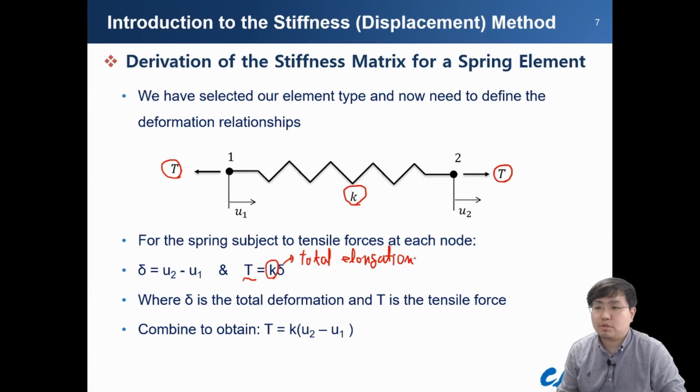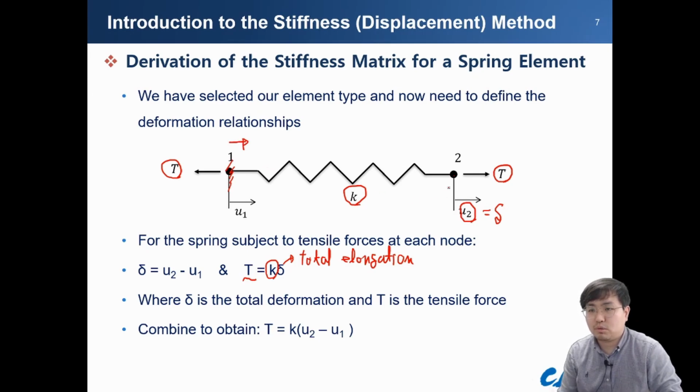So to define the total elongation, it is here. This U2 is the displacement of the second nodal point. So we can say that the elongation is almost the same as U2 if we fix nodal point 1. However, the first nodal point can also move or translate.